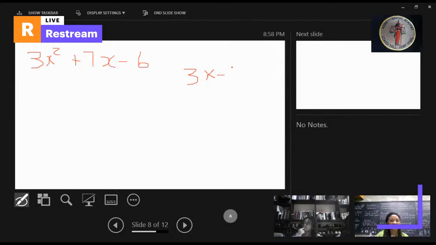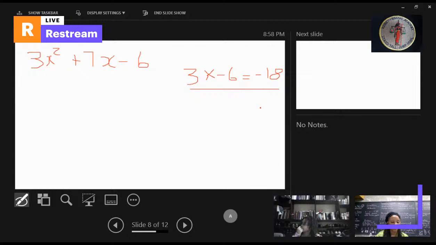Is it already in the quadratic format? Yes, Miss. Okay, what do I do now? Miss will find the factors of that number. Factors of what? Negative 18.